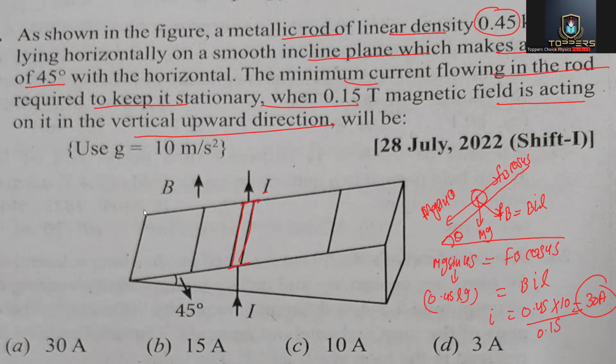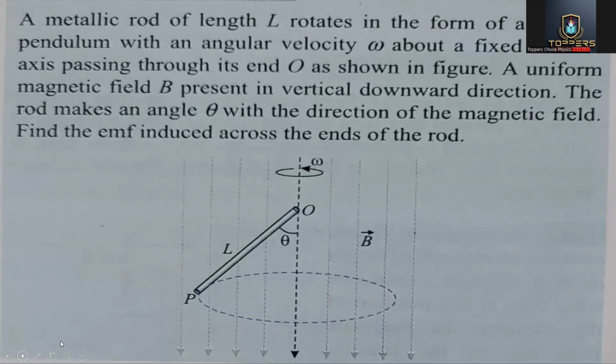So guys, we are going to learn the next type of question from this section, that is when a conducting rod is rotating in a magnetic field, then what will be the induced EMF across the rod? Look at here.